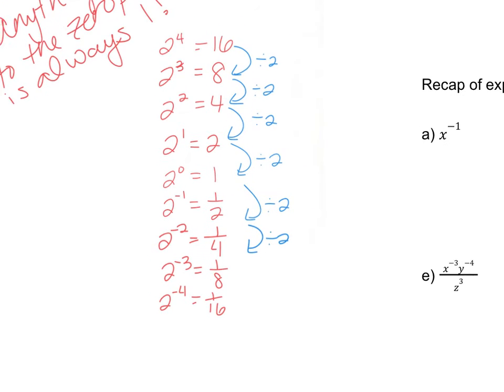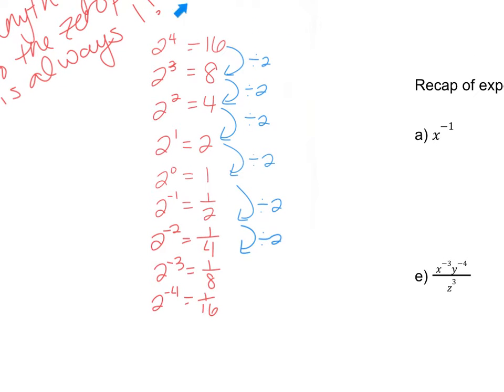So what do you notice? If you look at 2 to the 4th and 2 to the negative 4th, they're upside down. The math word for it is reciprocal. So they are reciprocals of each other. 2 to the 3rd and 2 to the negative 3rd are reciprocals, 8 and 1/8, 4 and 1/4, 2 and 1/2. And you'll notice 2 to the 0 power is kind of the middle point, and it is 1.